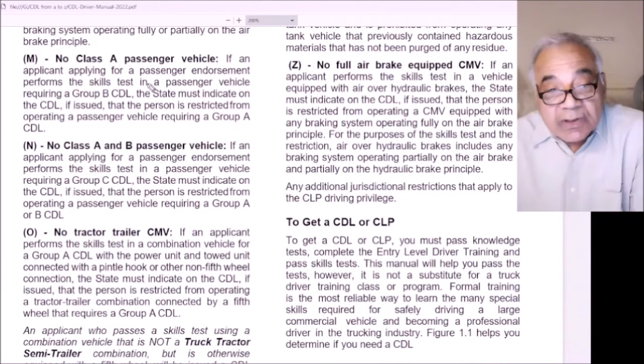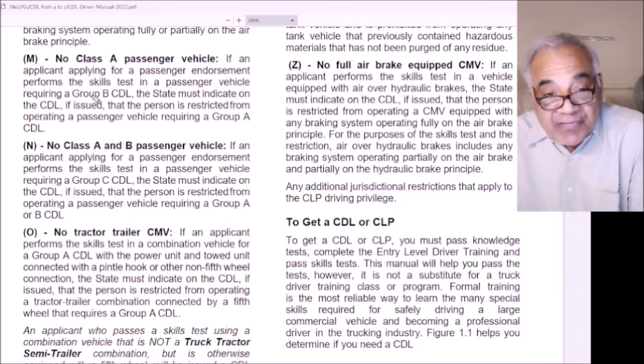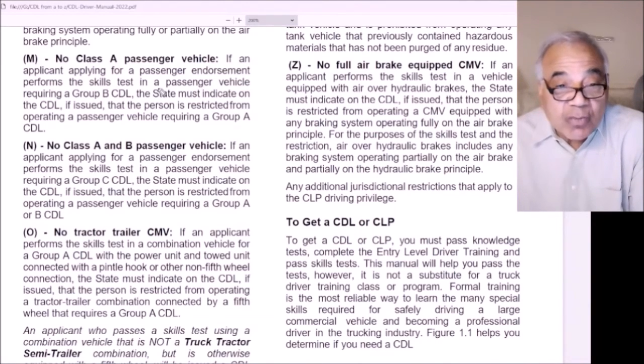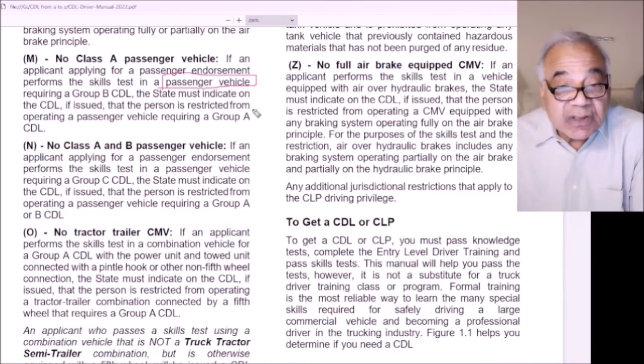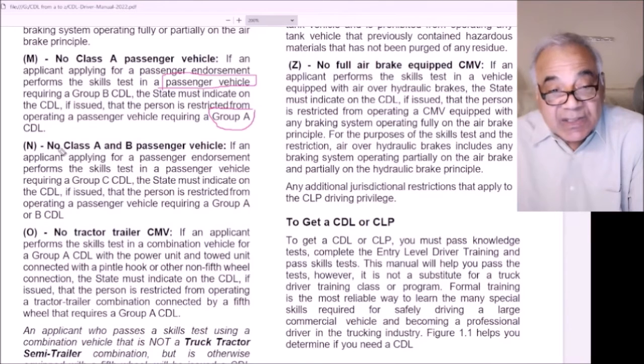The person wants the Department of Motor Vehicles to issue his commercial driver license, but he took with him a passenger vehicle, not a combination vehicle. That person cannot drive a combination with a trailer over 10,000. Restriction: no Class A or B.